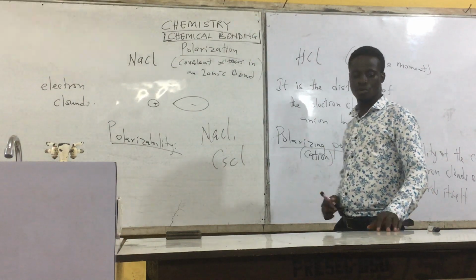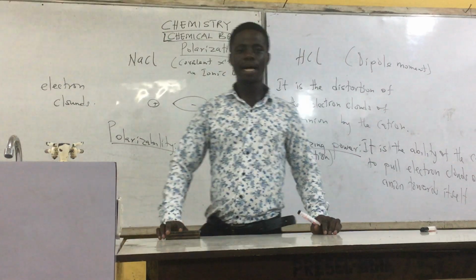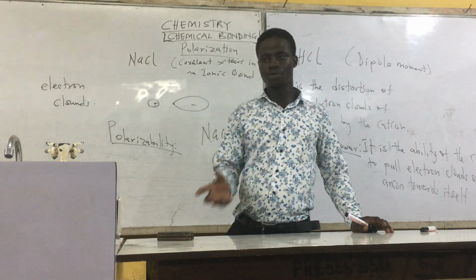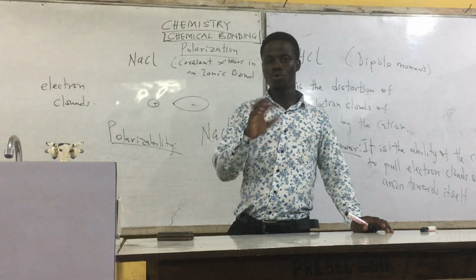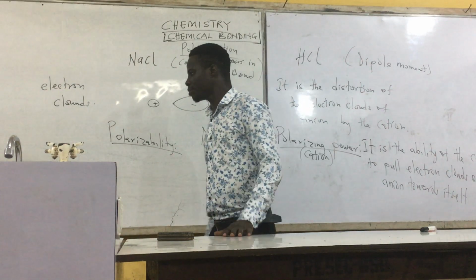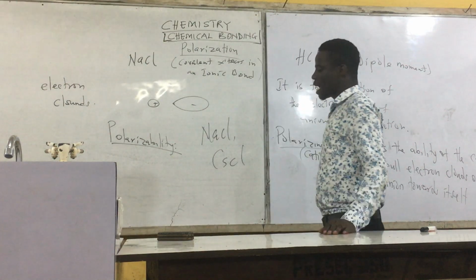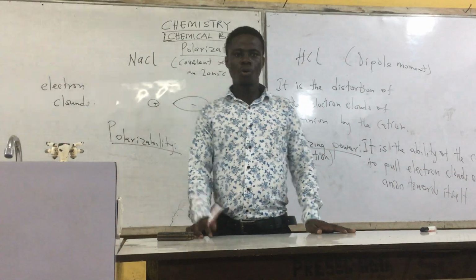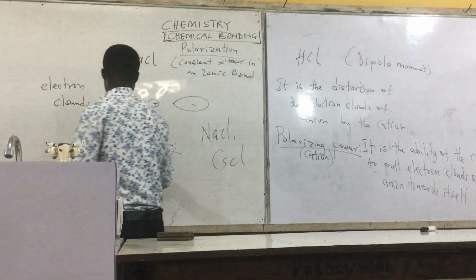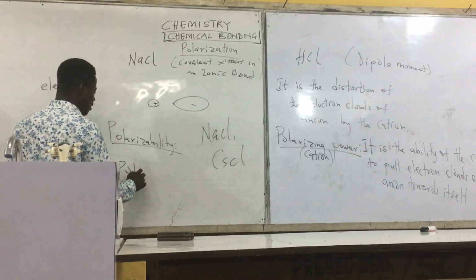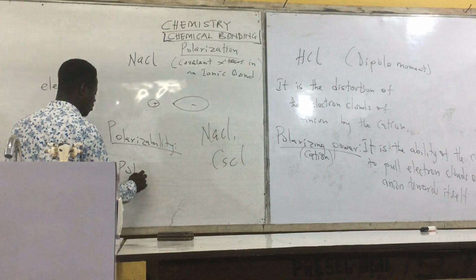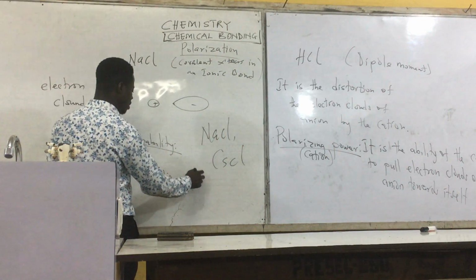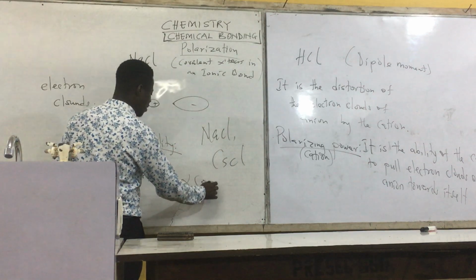In this case, how do you determine that? We determine this with a concept we call Fajans' rule, which will enable us to classify these molecules into which one has a higher polarizing power and which one has a lower polarizing power. Polarization is directly related to covalent nature.